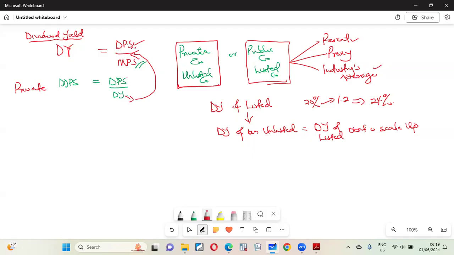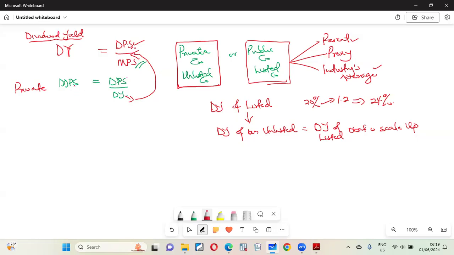Then you divide it by their market price per share. And please, market price per share simply means the total value of the company divided by the total number of shares. So you know the market capitalization. When you divide it by the number of shares, you get their MPS. MPS is value in a business divided by its number of shares.